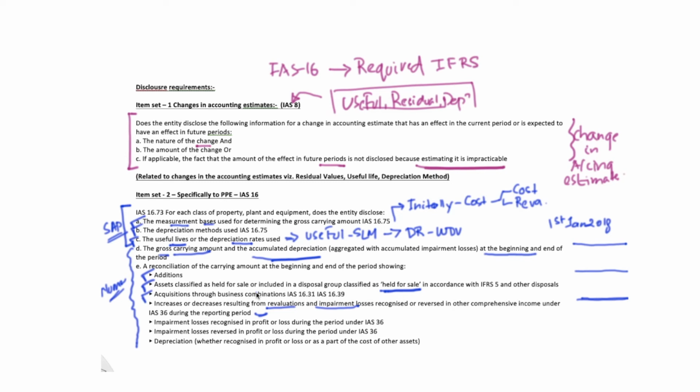The impairment losses recognized during the current year, the amount of impairment losses reversed during the period, and the amount of depreciation recognized during the current period. So these are the series 1 disclosures that are required to be provided in the notes to the financial statements.